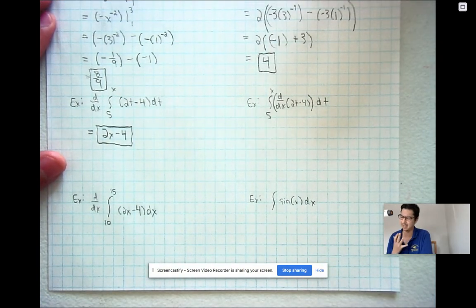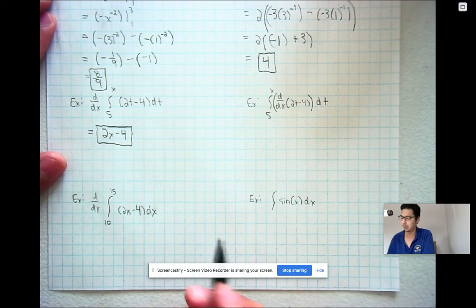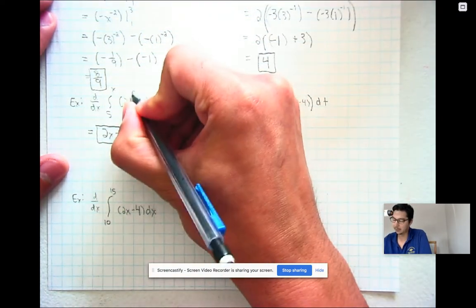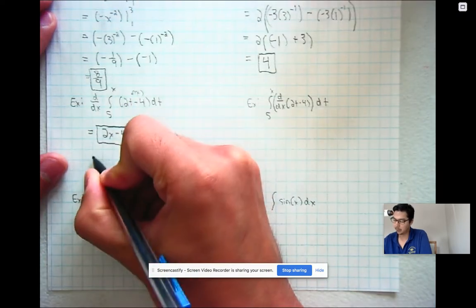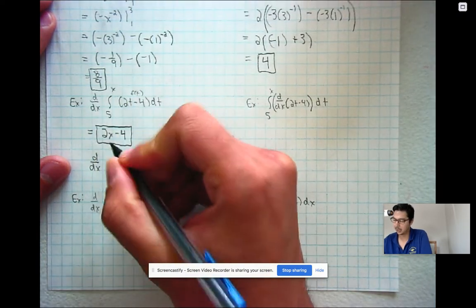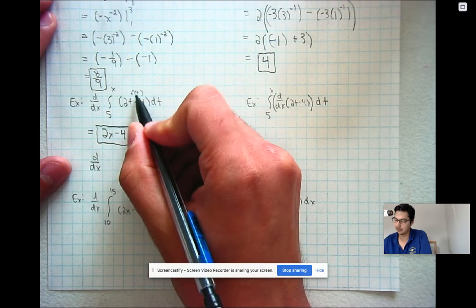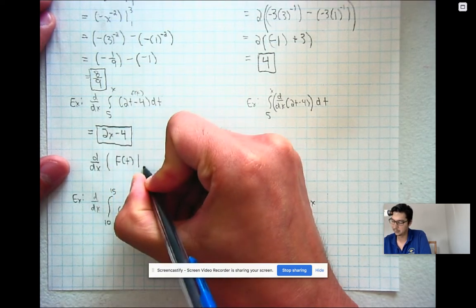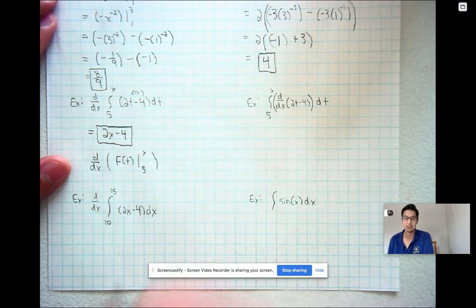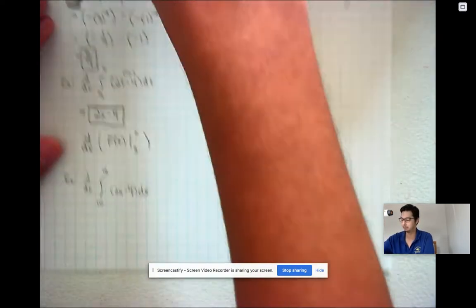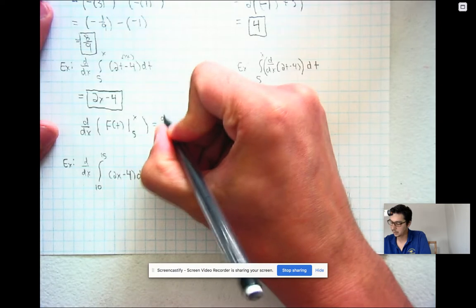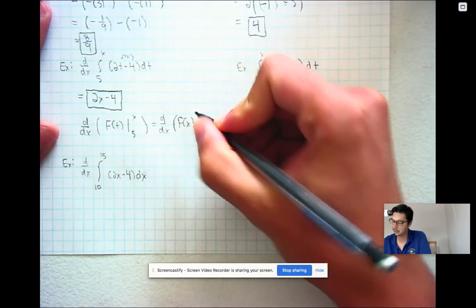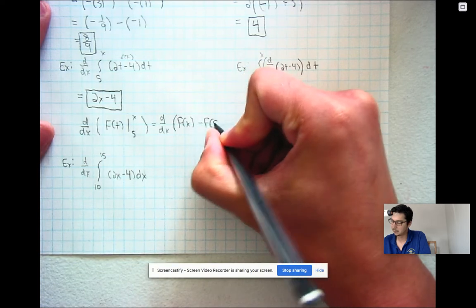But you might be saying, how did you do that, Mr. Ryan? So we take the antiderivative of 2t minus 4. Call this f of t, right? Then we have the derivative of the antiderivative of f of t, and we'll evaluate it from 5 to x. That will give us the derivative of f of x minus f of 5.